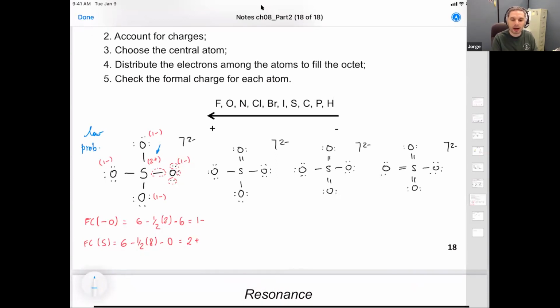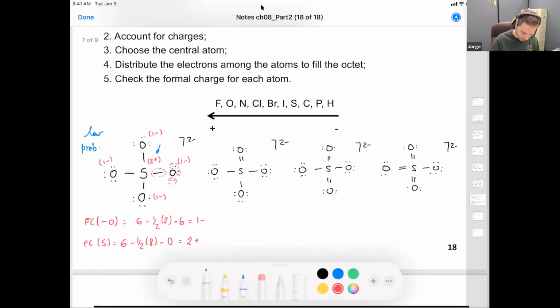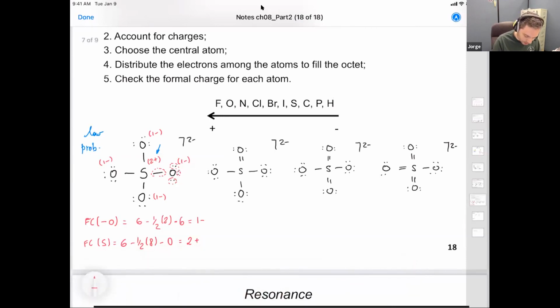So let's figure out the formal charges in every atom and let's then analyze. So notice here that we have 3 oxygens connected to the sulfur through a single bond. So that's the same case as the first case.